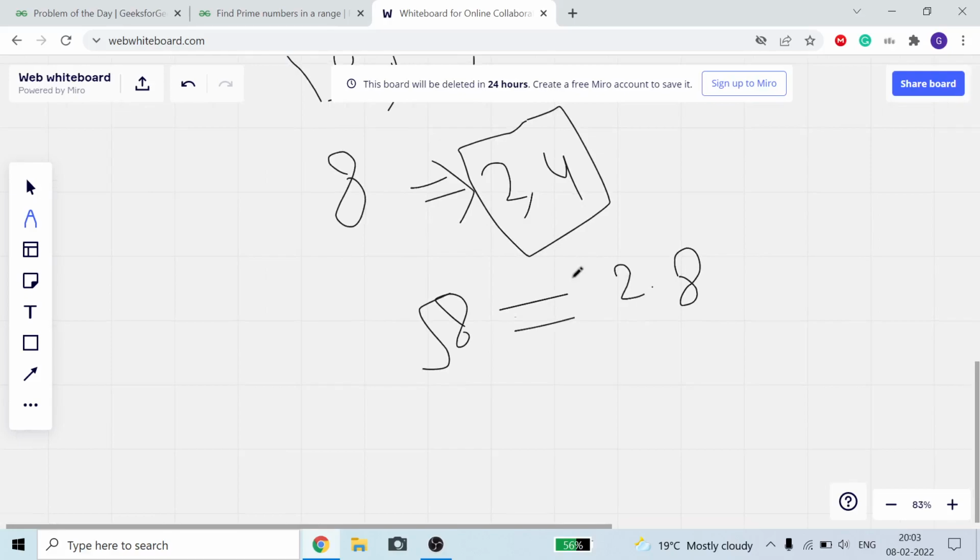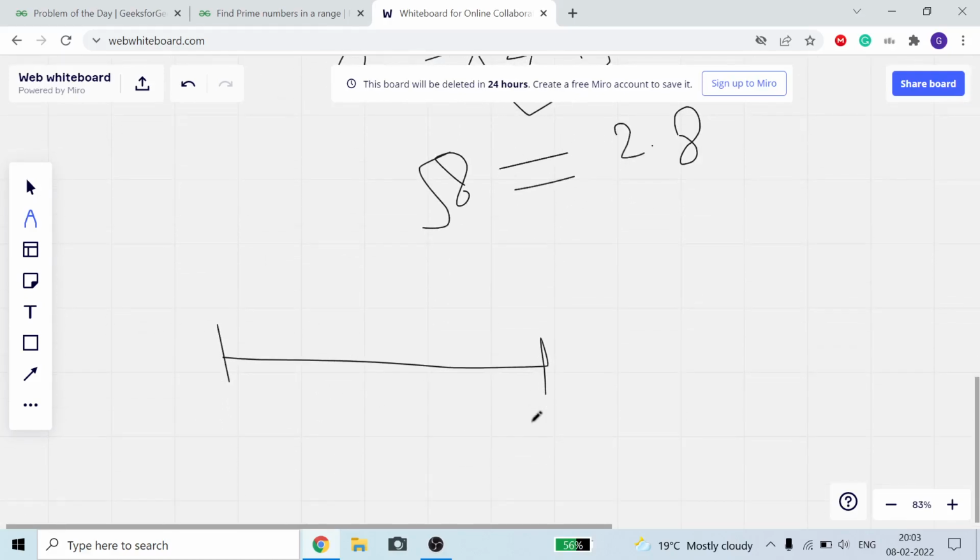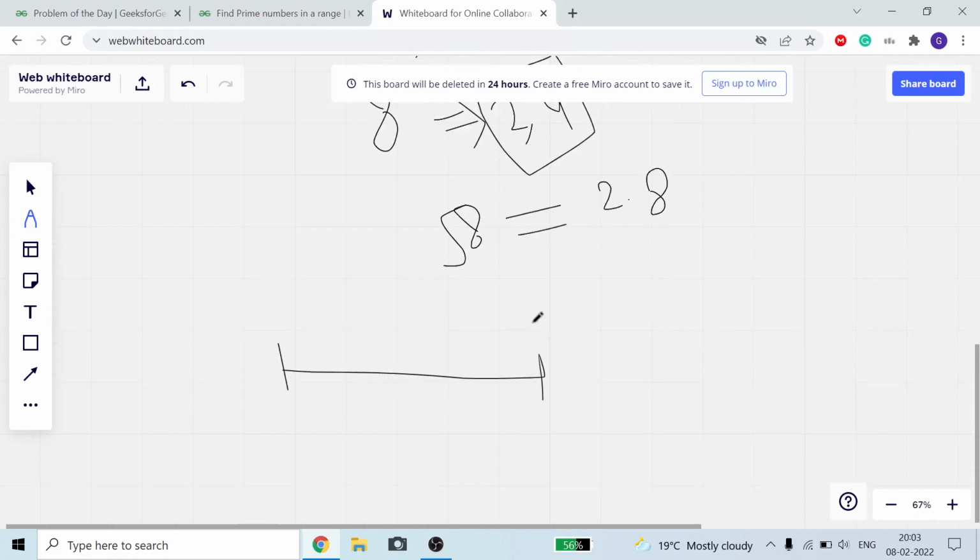Now if this is our number line, and this is 8, this is 8 by 2, which means 4, and this is the square root of 8. So we are running our loop only up to this point. Why are we doing so?